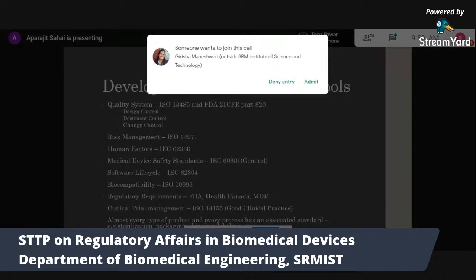So I think there is a question that just asked, can you clarify whether it's essential to obtain 13485 from notified bodies listed by CDSCO in India? I think that's a very broad question. You need to be specific as to what you're manufacturing, what you're trying to sell. So if you could provide some specifics, then maybe I'm able to answer the question.